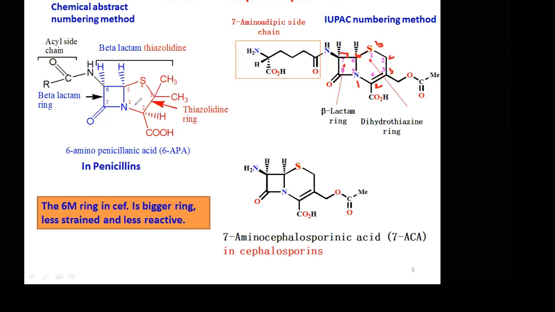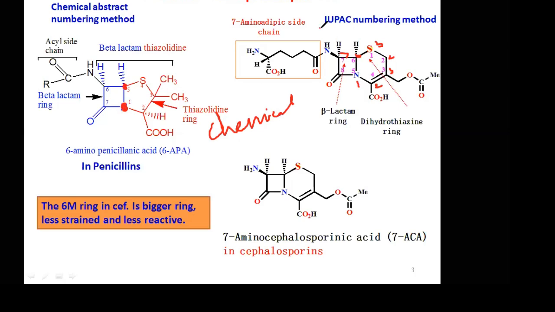If you give numbering with the heteroatom of the fused one, then it is called chemical abstract numbering. What do you mean by fused atom? The atom which is common to two rings is called a fused atom.